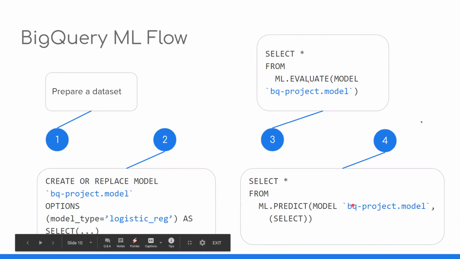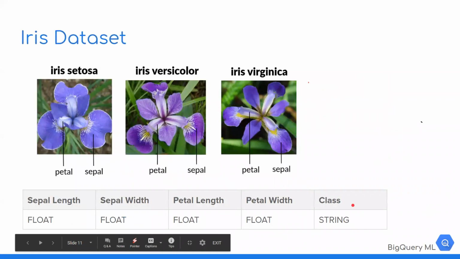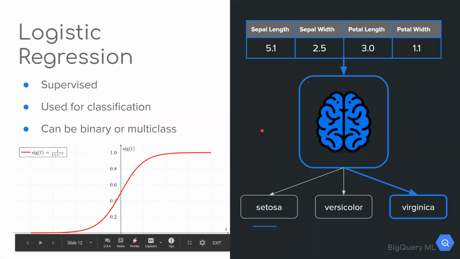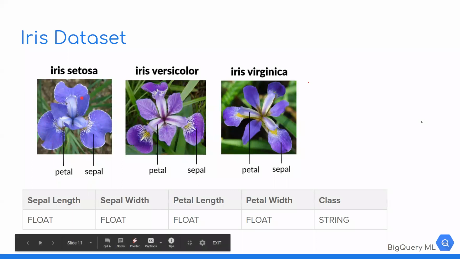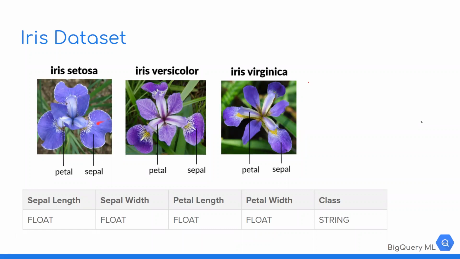Right. So we've talked about the public datasets that BigQuery offers, but what we are going to do now is import the iris dataset to BigQuery ML, and try to predict if our iris flower belongs to any of these classes, right?